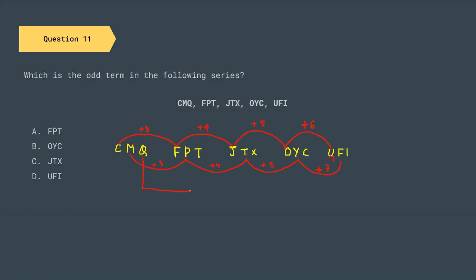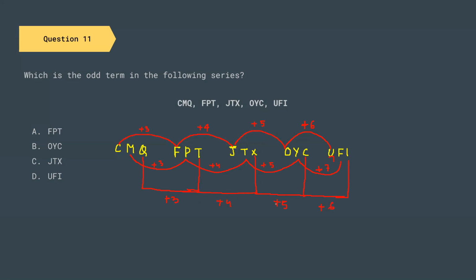That is Q to T is plus 3. Then T to X is plus 4. And X to C is plus 5. And C to I is plus 6. So everything looks in pattern.